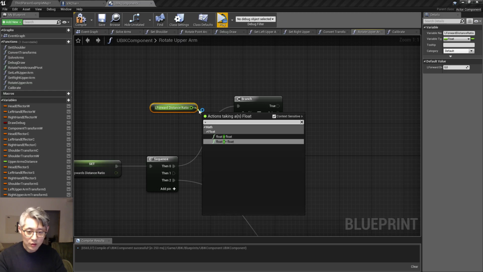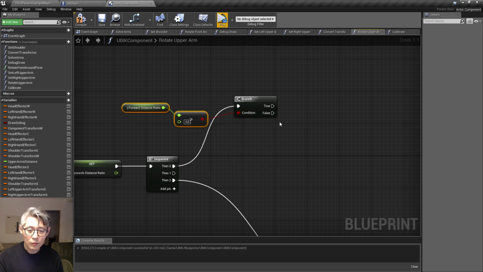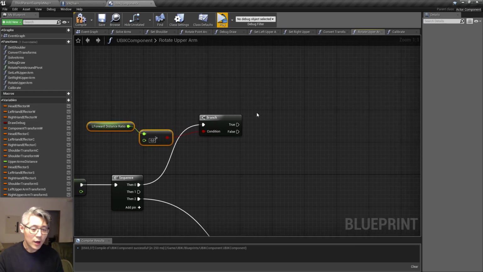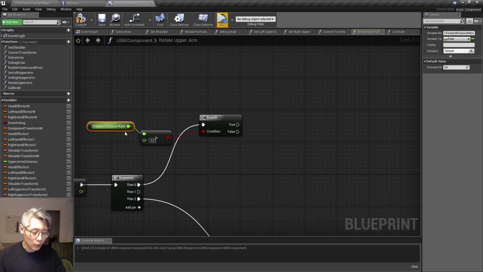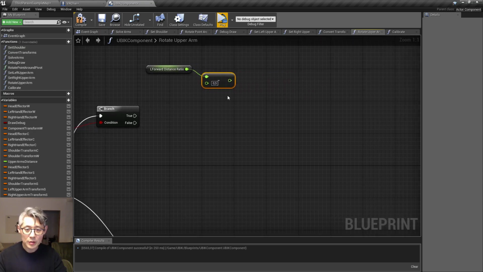So we check if this is less than 0 or greater than 0, and then we take this forward ratio and we subtract a little fixed amount, and in this case I think he chose 0.5 if I'm not mistaken.